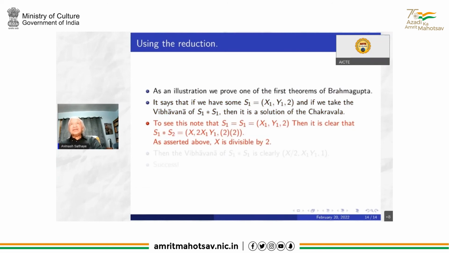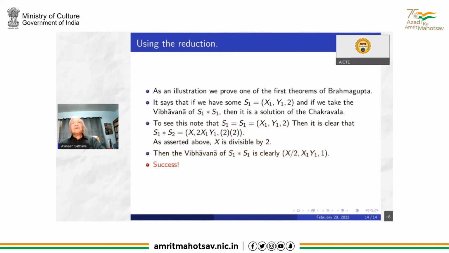I am just asserting that it becomes x, 2x1y1, and 2 times 2. And we do the division, and then as asserted above, x is automatically divisible by 2, and the solution is x over 2, x1y1, comma 1. So that's the success.